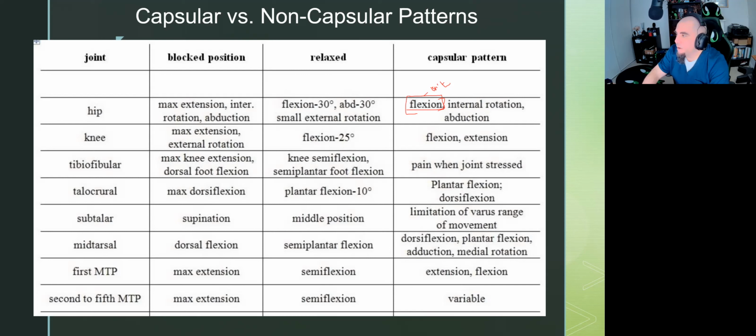But if you have a patient that comes in limited in flexion, limited in internal rotation, and limited in abduction, more than likely that is a capsular pattern, and we want to do some joint mobs on them to break up any of those adhesions in that joint, or loosen up and stretch out those ligaments so that we can then get to stretching and strengthening.